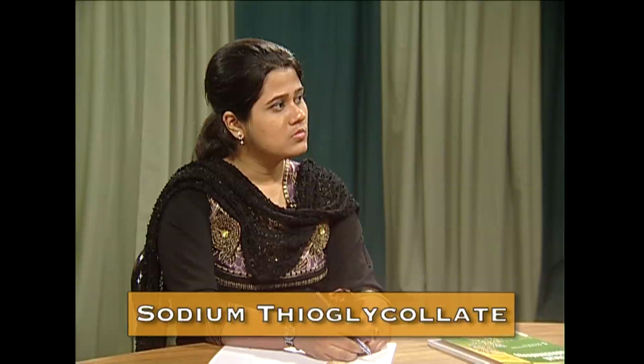So the anaerobic bacteria are inoculated deep into the agar dip so that the oxygen does not reach them. And if we grow them in liquid culture medium, then a chemical called sodium thioglycolate is used because it depletes the dissolved oxygen out of the medium, hence facilitating the growth and development of anaerobic bacteria.